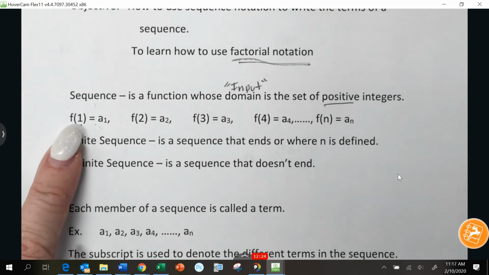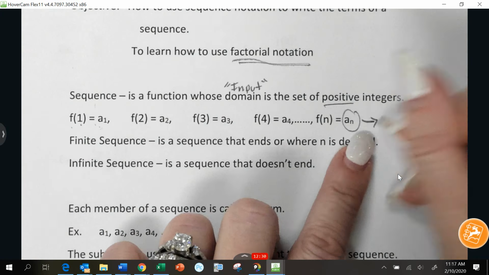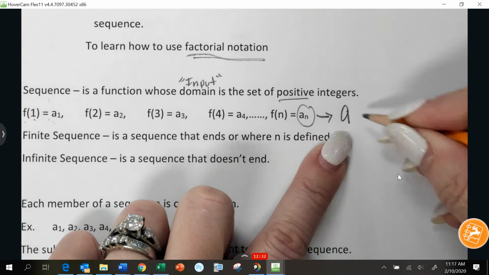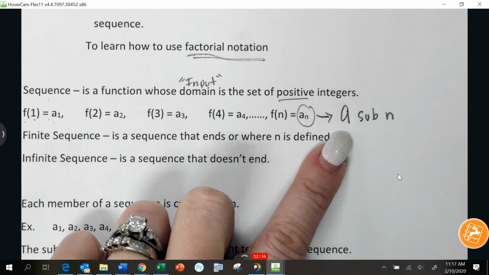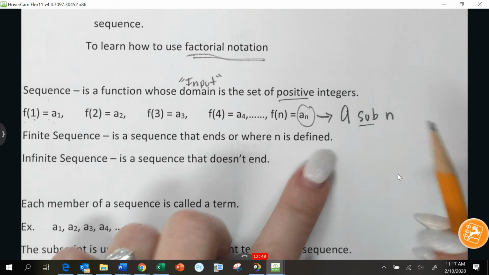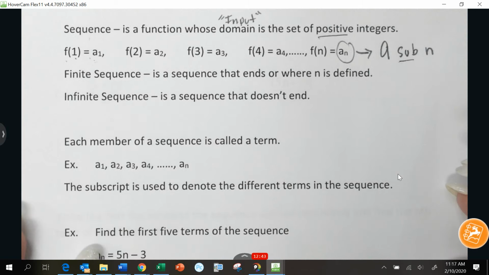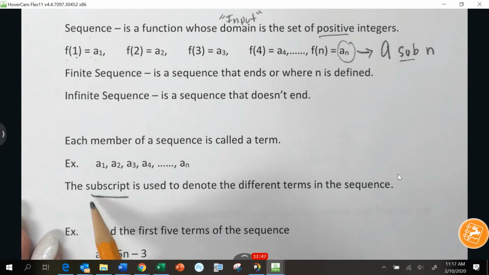You guys were asking me about what I was saying, so I had written it on the board. Each time I say a and then sub n, or a sub 1, or a sub 4, I'm just using the word sub. That stands for subscript.